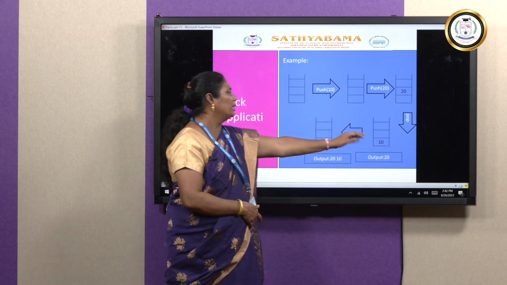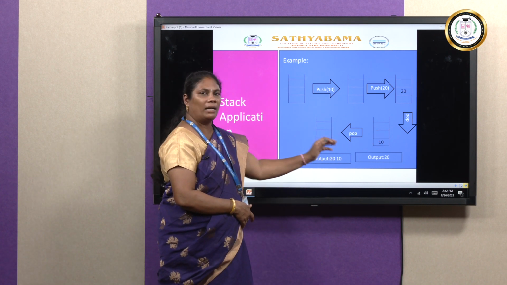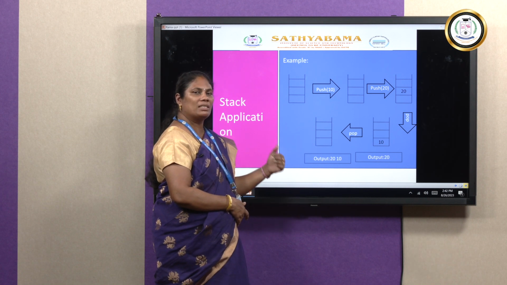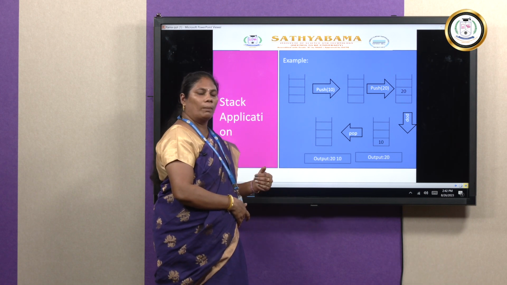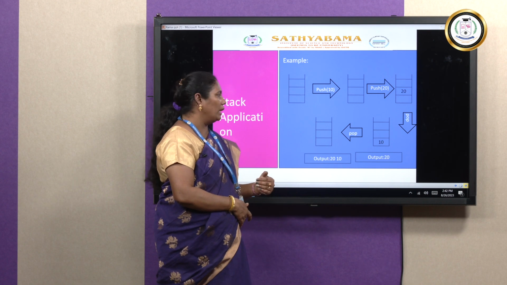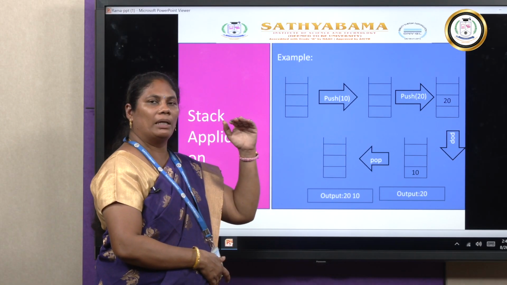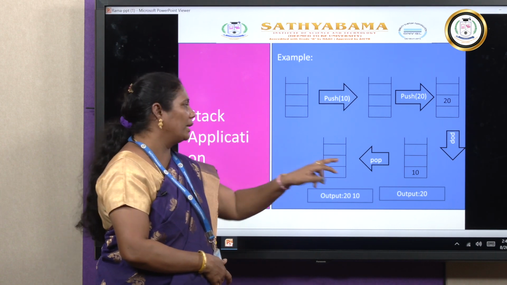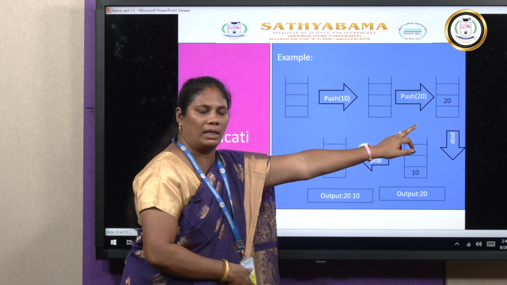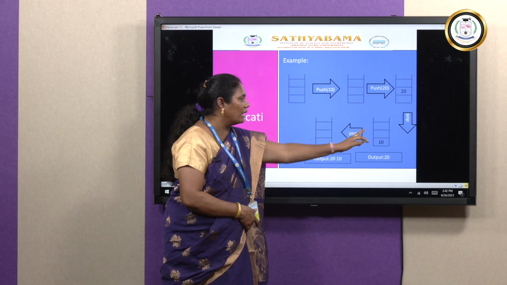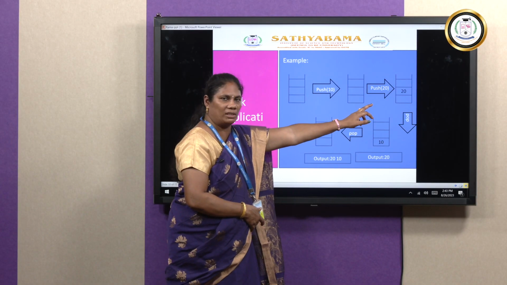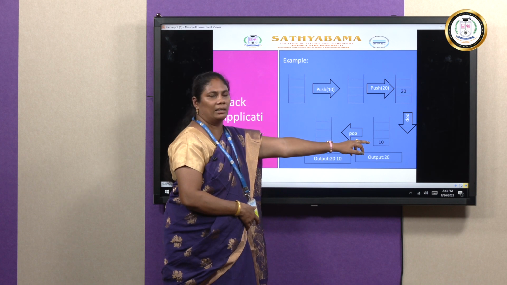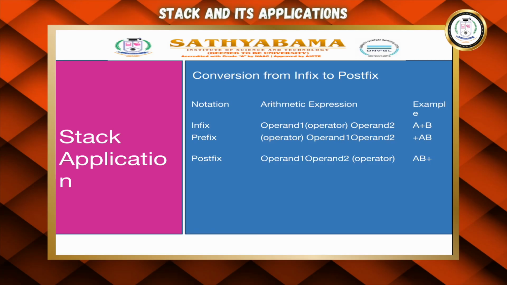Pop means deleting the elements one by one. When popping, the topmost element must be read first. 20 is the topmost element, so the elements are automatically reversed. 20 is deleted first and then 10 is deleted. So that is reversing the list.